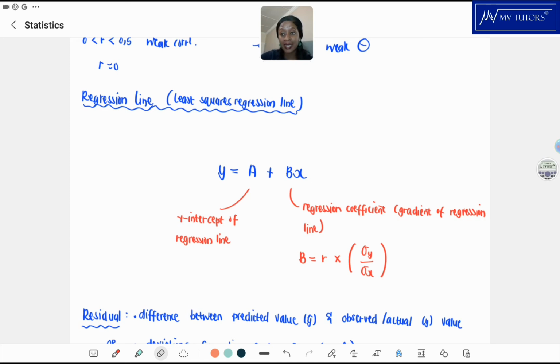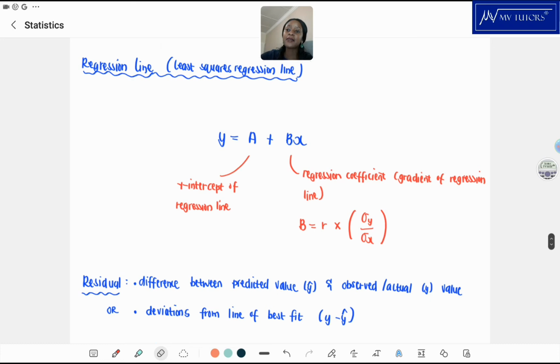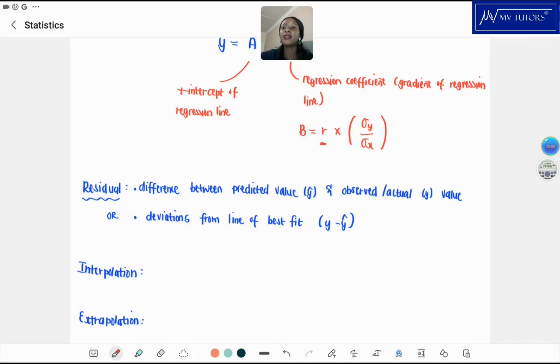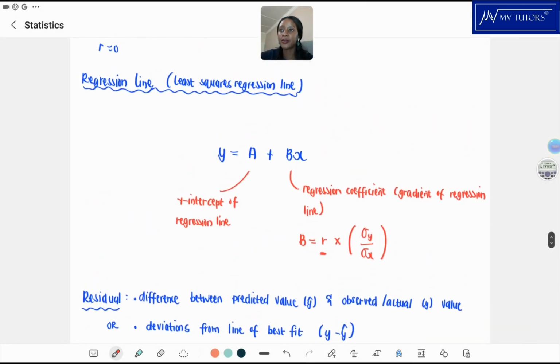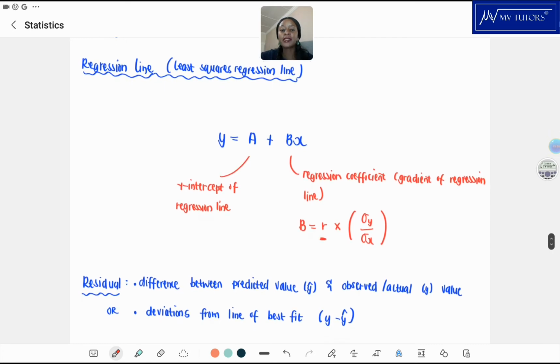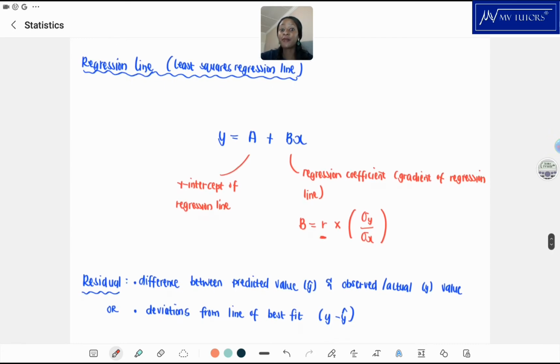And if you wanted to calculate what B is, you would take R, okay, and then you would multiply it by the standard deviation of Y over the standard deviation of X. And I showed you previously how to get the standard deviation of Y as well as the standard deviation of X. Now, because this line here, the regression line, gives you the line of best fit for the data that you have plotted, it's not exactly 100% representative of your data, but it's a good estimate, okay?